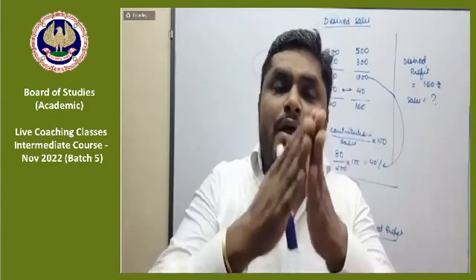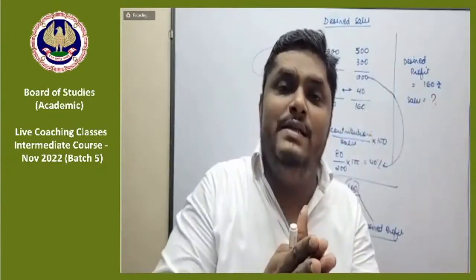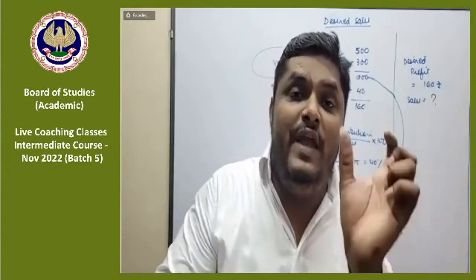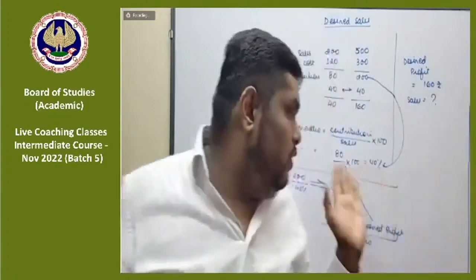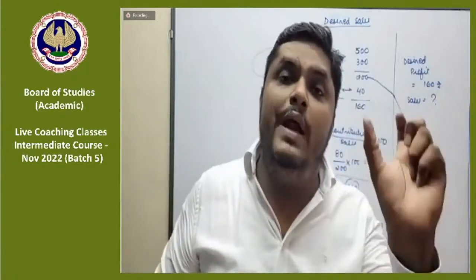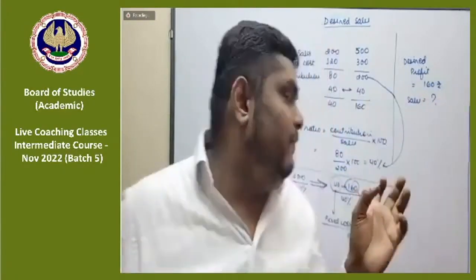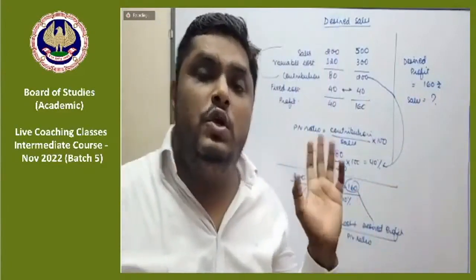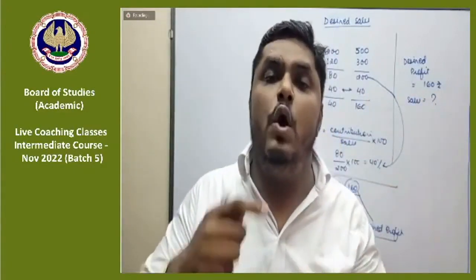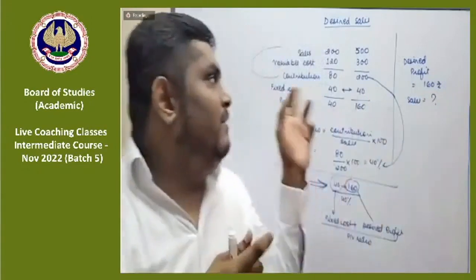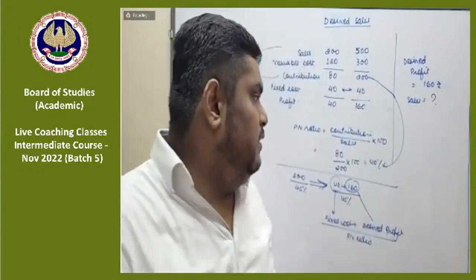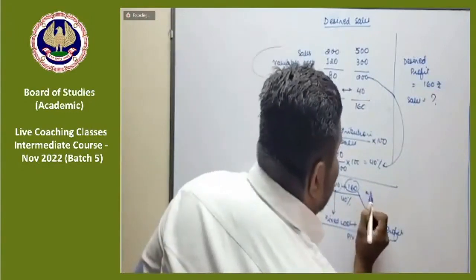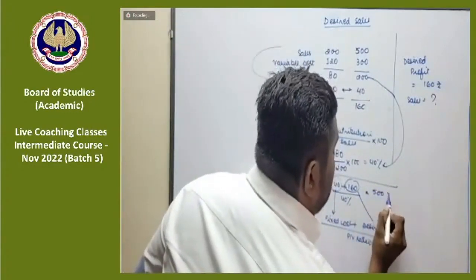So very simple. When talking about desired sales, when desired profit is given, we have to recover the fixed cost as well as our profit. So how much contribution is required to recover our fixed cost and desired profit? Very simple, 200. So 200 is the contribution, and the contribution-sales relationship we have already calculated, that is 40%. So this is how I got my desired sales of 500 rupees.